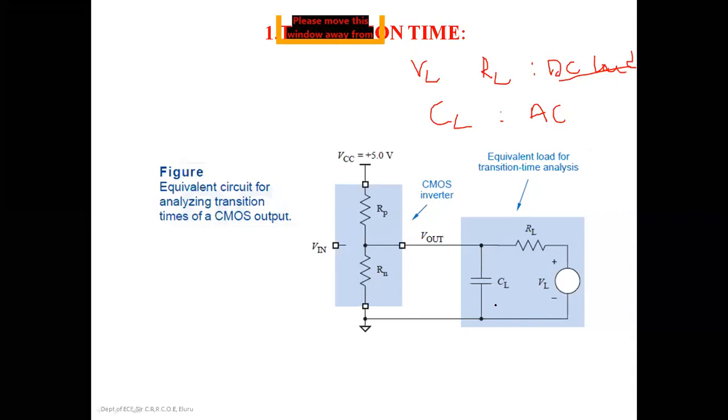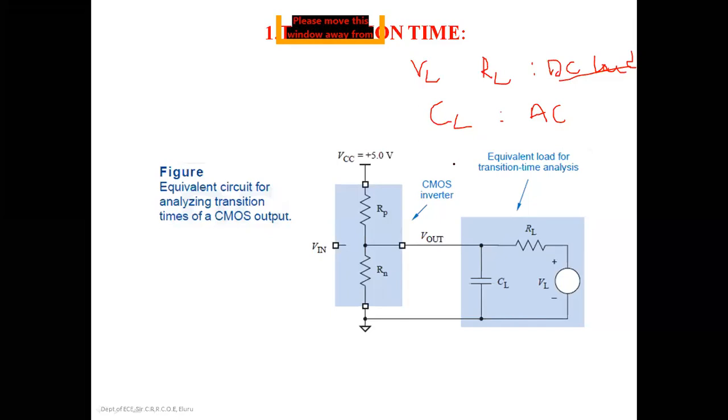So to determine the current and voltages, the load capacitance CL will be used, and CL will give us the voltages and currents of the CMOS output when the output is switching between the states. So that is the equivalent circuit for the transition time of the CMOS output.